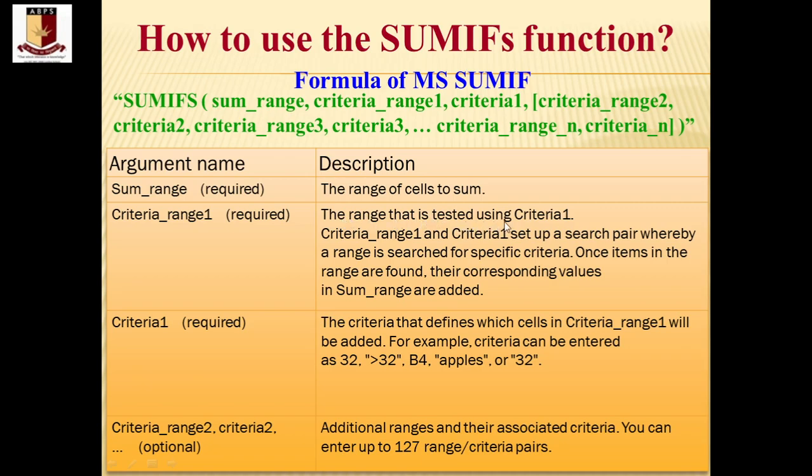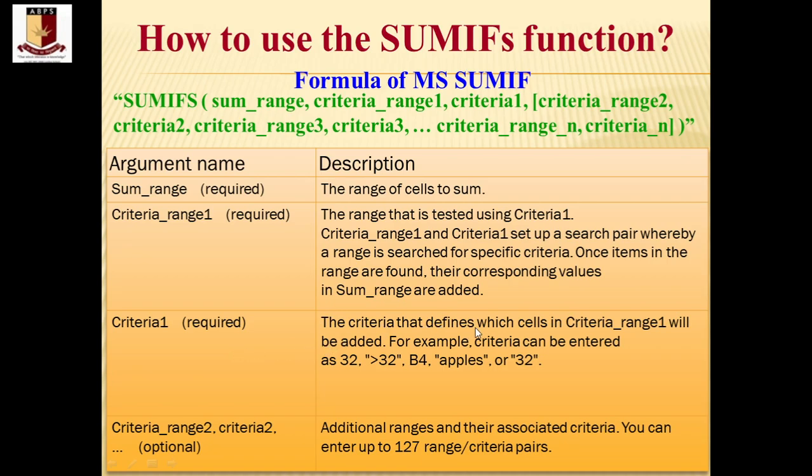It is the range that is tested using criteria 1. Criteria range 1 and criteria 1 set up a search pair whereby a range is searched for specific criteria. Once items in a range are found, their corresponding values in the sum range are added. Got it?